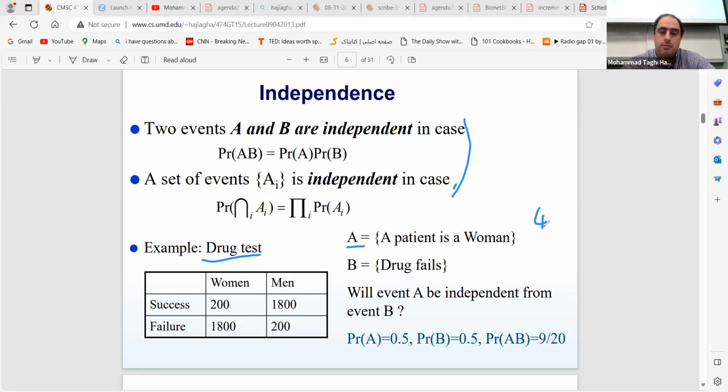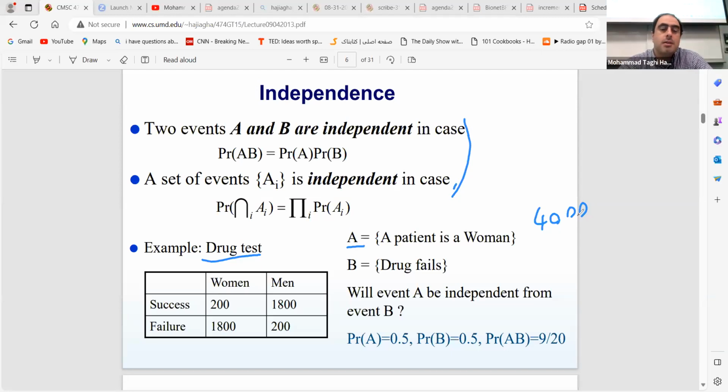We have 4,000 patients. So we can consider that we have done this test and we want to define this probability space. Now, we choose one person, and that person is a woman.